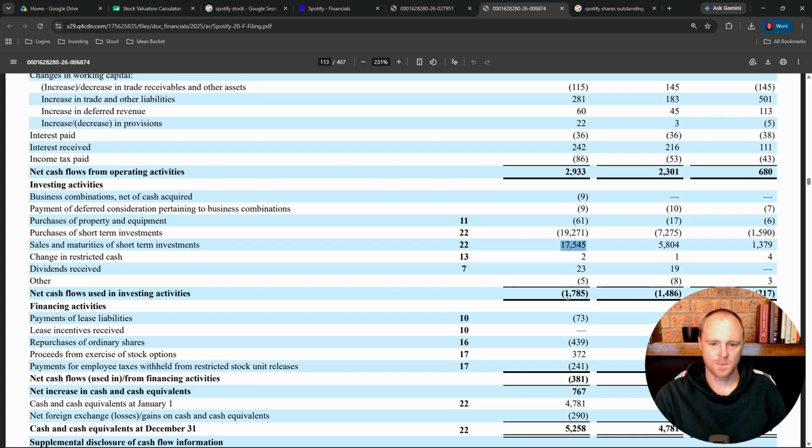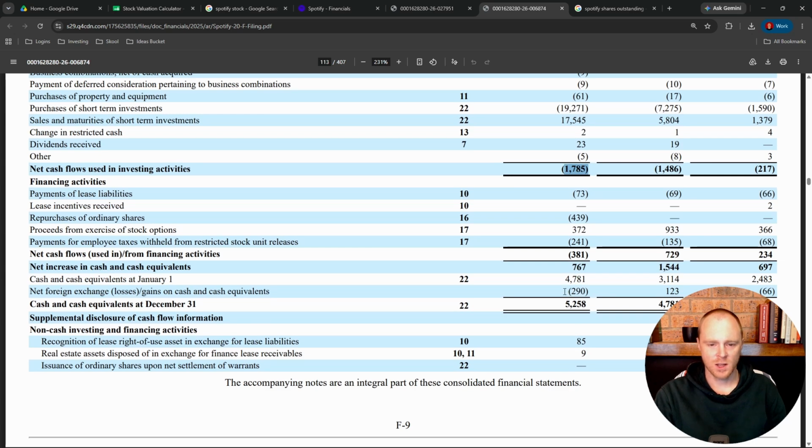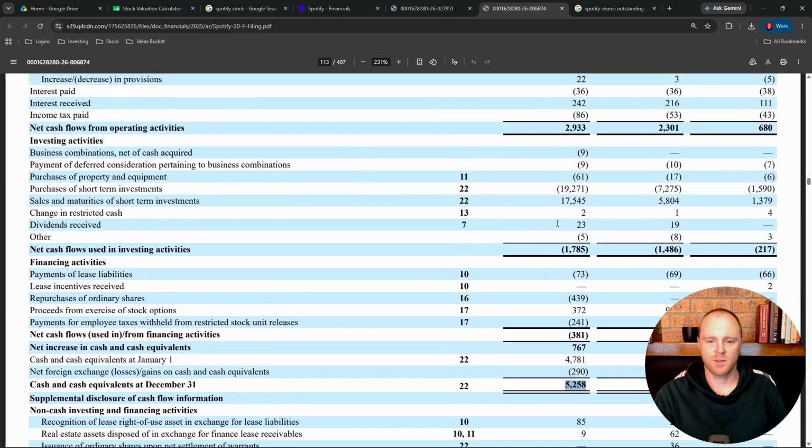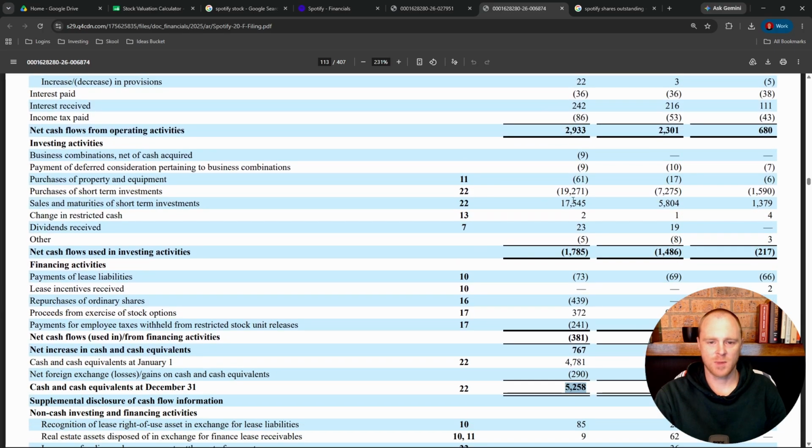So there's about 1,700 that's just been slapped into that one. And in short, what that's done is it's just increased their current cash position. They haven't thrown that money back out. They're holding onto it at some stage for something in the future.